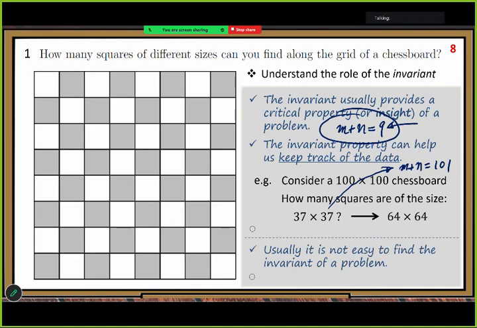For some of the questions, it is really hard. But if you can find it, then it's a big important step to solve the problem. So in our first example, I want to emphasize the importance of this concept.